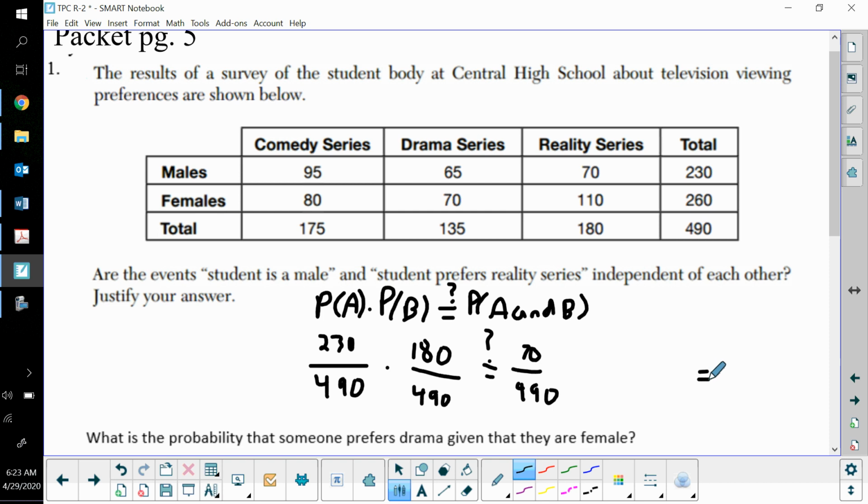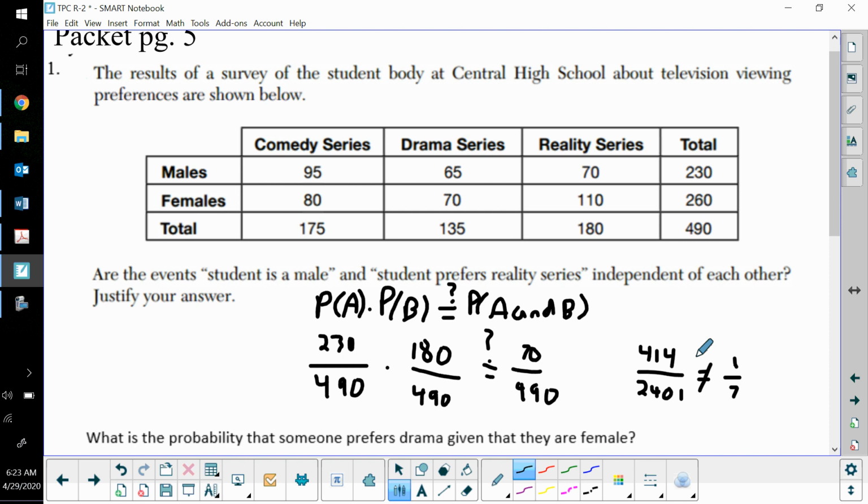So we'll punch all these in. On the right side, when we punch that in, it gives us 1/7. And when we punch in the left side, we get 414 over 2401, which those are not equal.